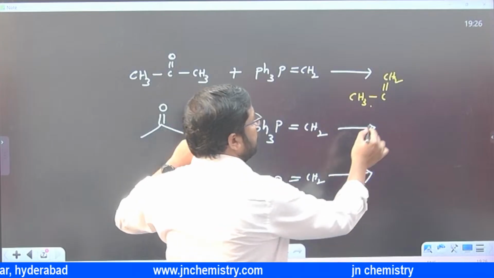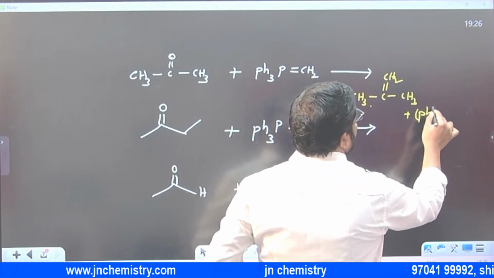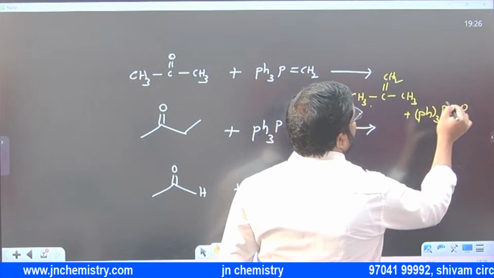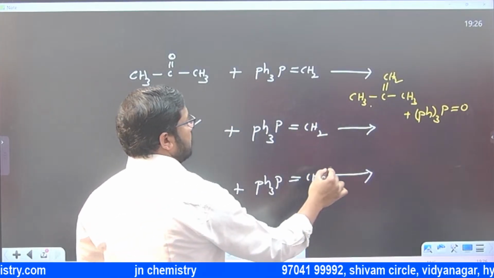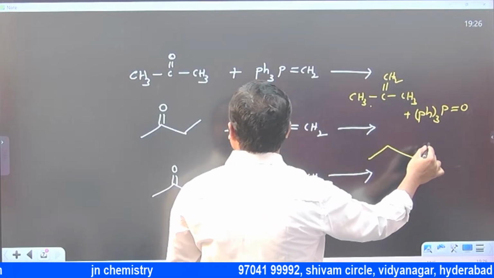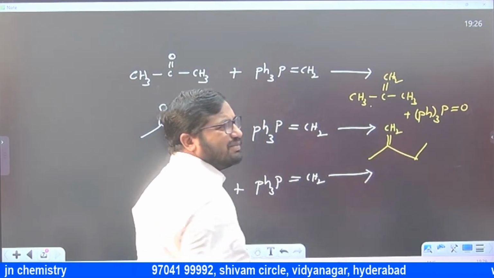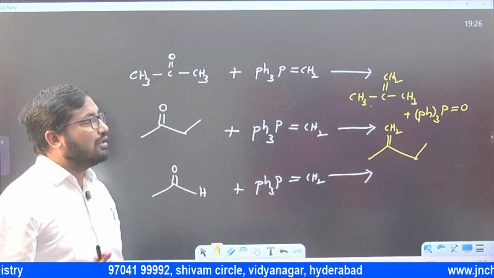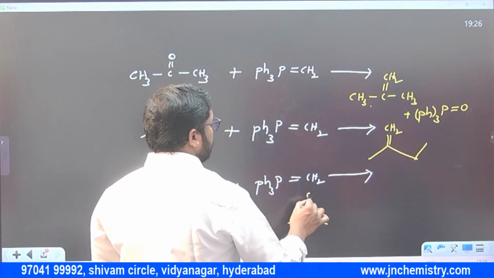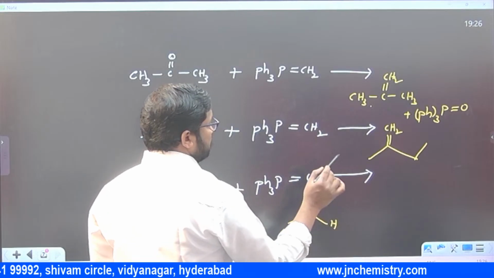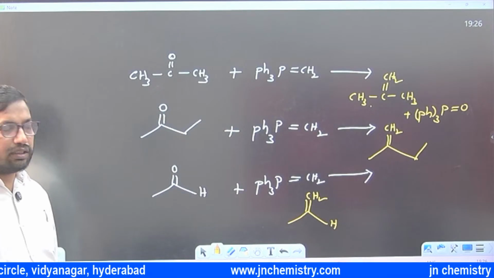Then CH3 plus Ph3P double bond O. Simple, Anna. So here is also simple. Double bond. One of the easy mechanisms is not needed basically. Here also simple. Double bond O CH2. Okay, this is about the Wittig reaction.